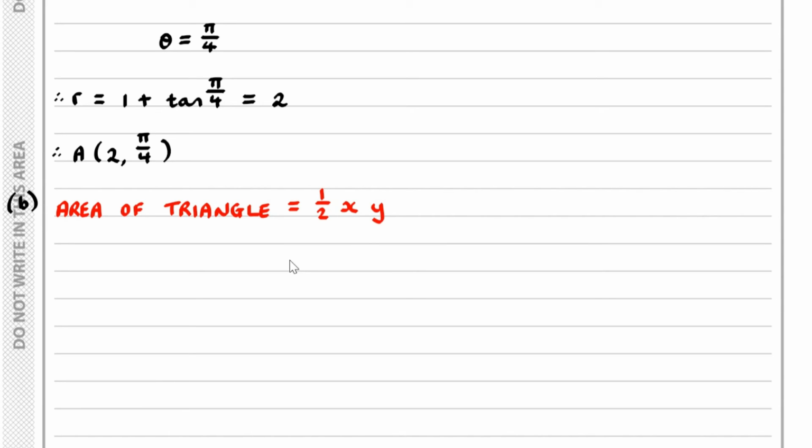So if we convert this to polar, we've got 1/2 multiplied by r cos theta times by r sin theta.